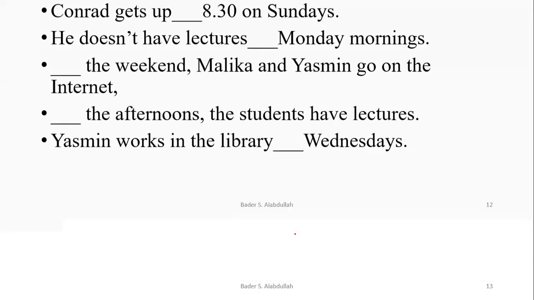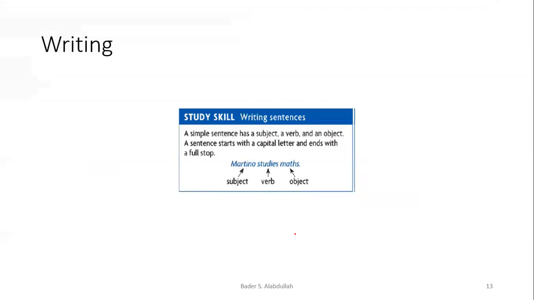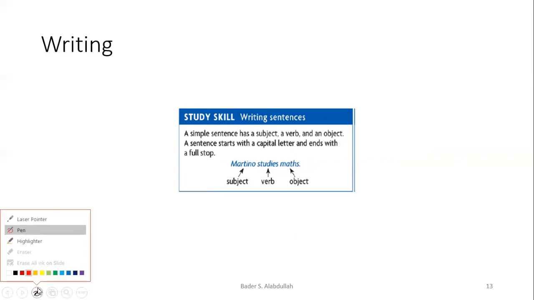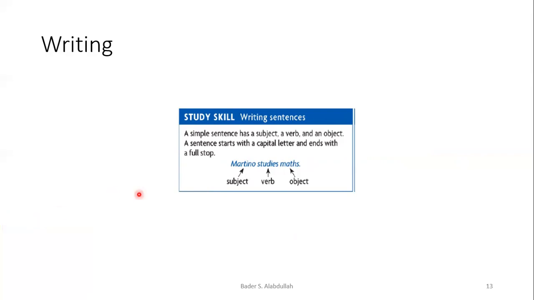Okay, let's move on to writing. In writing, as we said, we are going to talk about a simple sentence. So a simple sentence has a subject, a verb, and an object. A sentence starts with a capital letter and ends with a full stop.